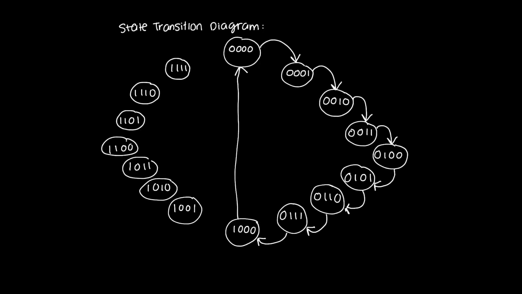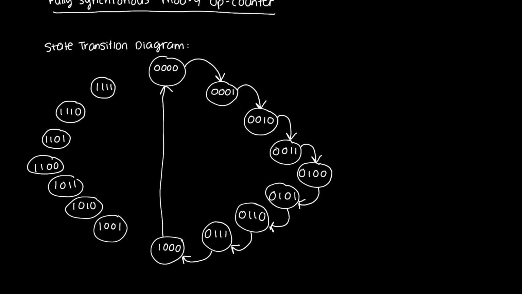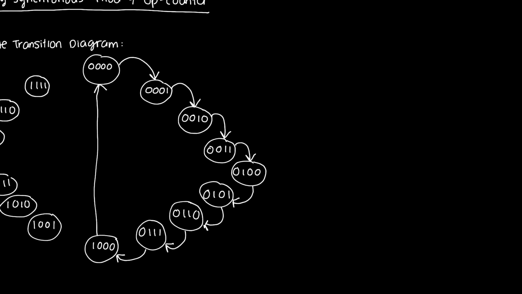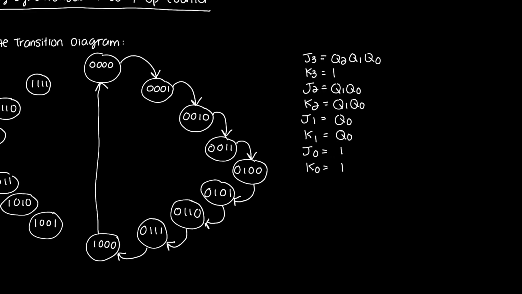If you have not specified it by one of the inputs, you don't know what state a flip-flop is going to power on into. So what we need to do is validate. What I'd like to do is validate the next states given what I know the Boolean logic expressions to be. So here are my Boolean logic expressions.